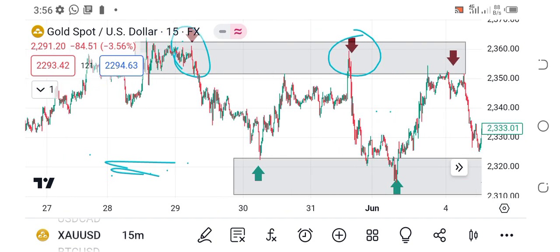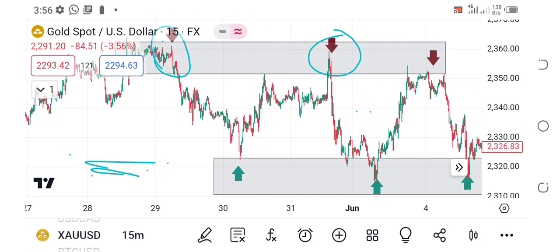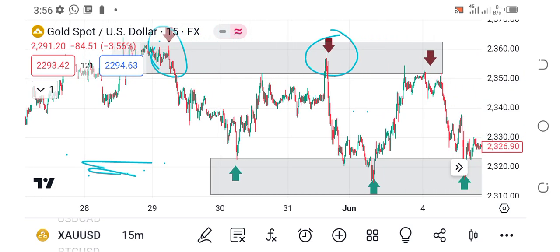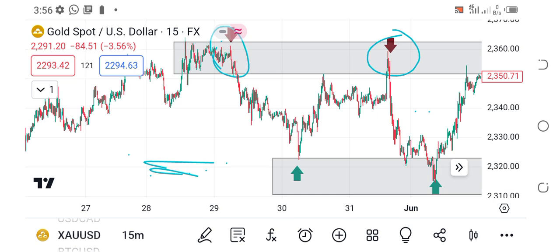So if I want to trade in this market now, since price has touched this resistance level the first time and the second time, I'm going to be drawing my resistance line.